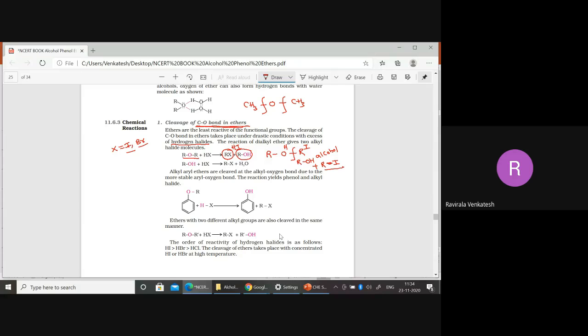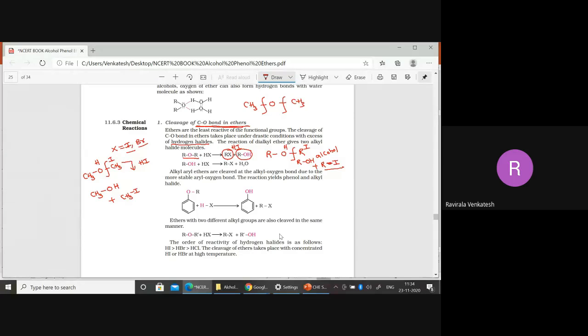Correct or not? For example, take CH3OCH3 and treat it with HI. Break this bond, put one hydrogen here and one iodine here. Now we get CH3OH plus CH3I.